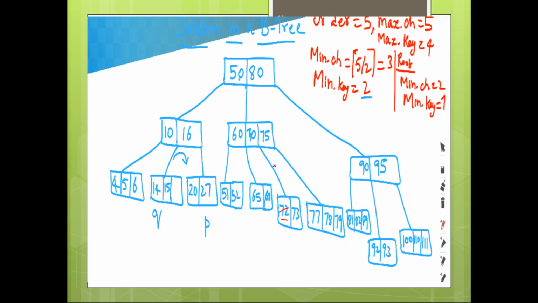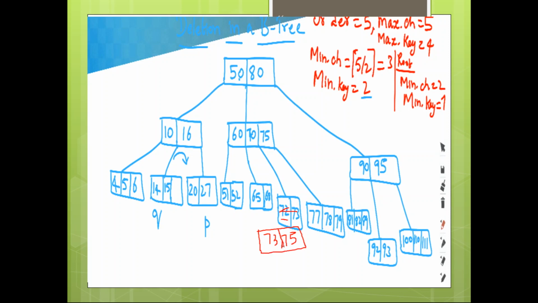So now what happens? You have to locate the middle key of the parent, which is in between these two nodes. That is 75. So 75 will come down, and it will go to the right end. So this node will be changed, so it will be 73 and 75.